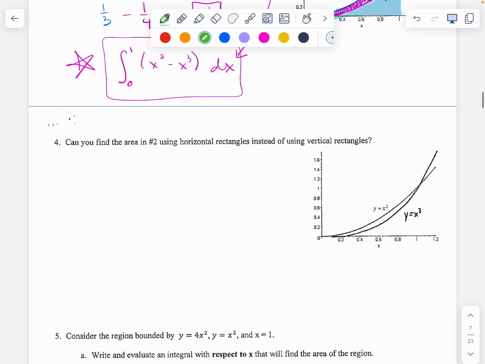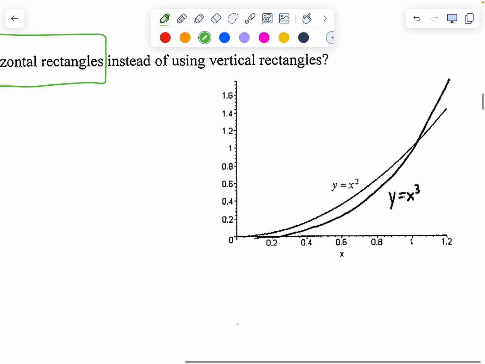So now this gets a little interesting. Could we find the area using horizontal rectangles instead of vertical rectangles? Horizontal rectangles meaning our slices are going to go this way. If our slices are going this way, our bigger value is this y, and our smaller value is this one.